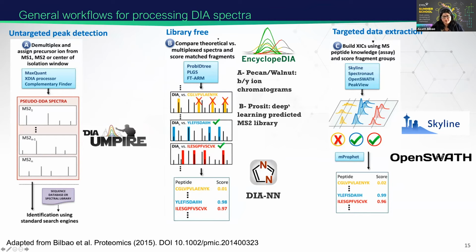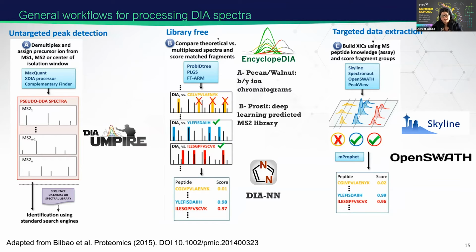Then finally, we have the targeted extraction approach. Cyclopedia, we can say, is something between library-free and targeted, because it also applies a targeted approach to generate the fragment ion chromatograms in the analysis. But the more typical targeted extraction workflows utilize a spectral library that is generated in data-dependent acquisition mode and analyzed with the typical tools.